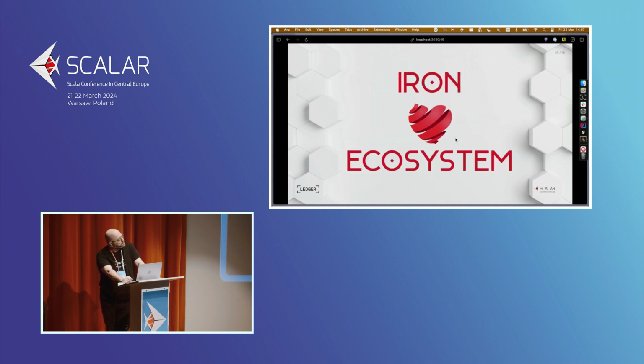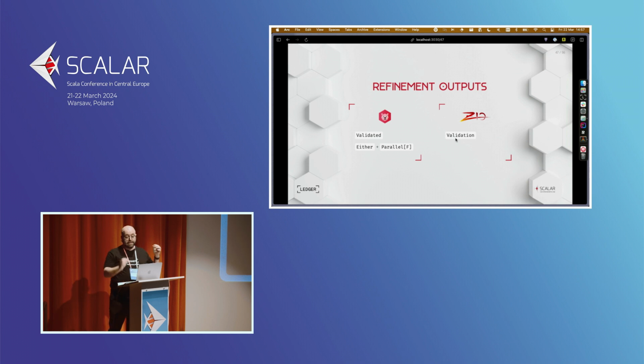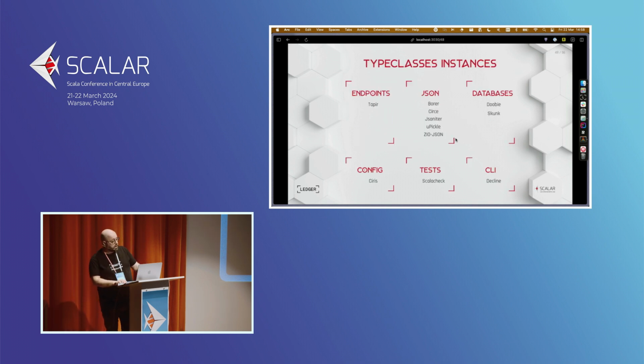Another reason we used Iron is that Iron loves the Scala ecosystem, because it can be used not only with standard library types, such as Either and Option, but if you're using type level, you can use Validated, or Either plus Parallel, or ZIO Validation. And there are a lot of integrations. For Tapir, you have the validation in your endpoint.